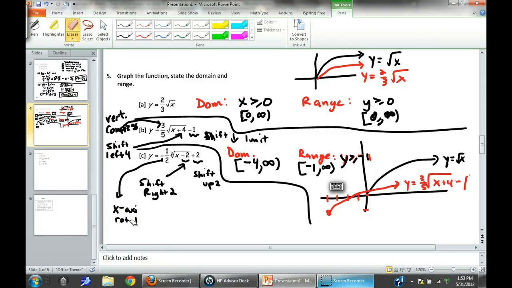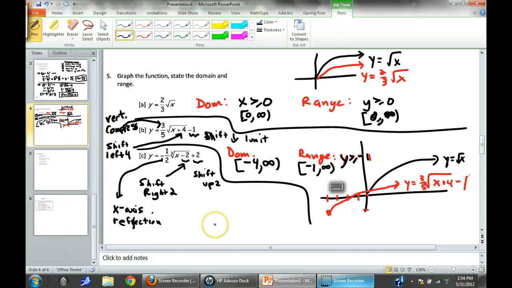Come on. Okay, so we have an x-axis reflection is what I want to. I just want to get through this. Come on already. I put the word reflection. I don't know. Stuff keeps disappearing on me.